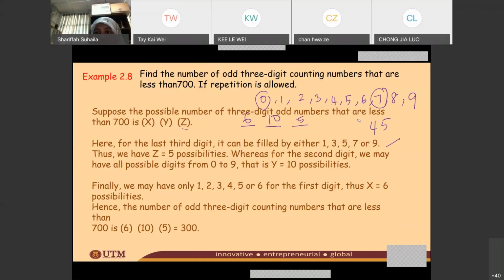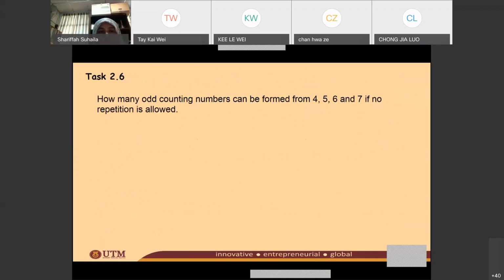Okay, we try the exercise. Okay, cuba kita buat ini. Task 2.6. Jawapan dah diberi kat dalam tu. Macam mana kita nak dapat 32 jawapan dia? Okay. How many odd counting numbers can be formed from 4, 5, 6 and 7?